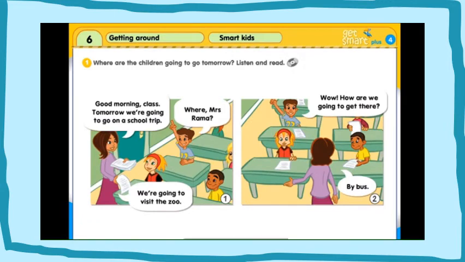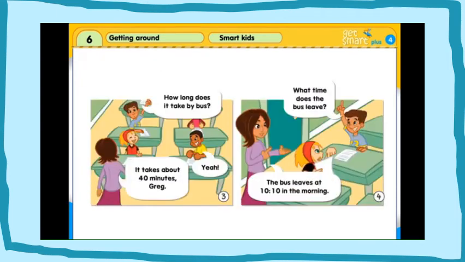Where are the children going to go tomorrow? Listen and read. Good morning, class. Tomorrow we're going to go on a school trip. Where, Mrs. Rama? We're going to visit the zoo. Wow! How are we going to get there? By bus. How long does it take by bus?